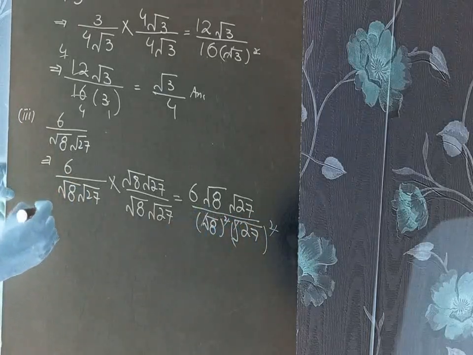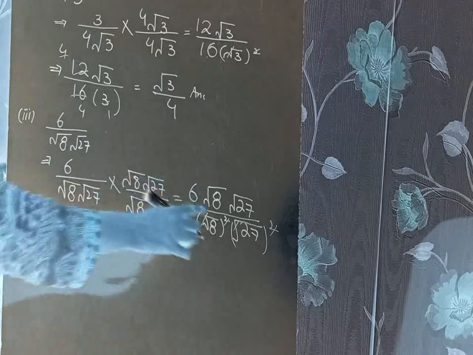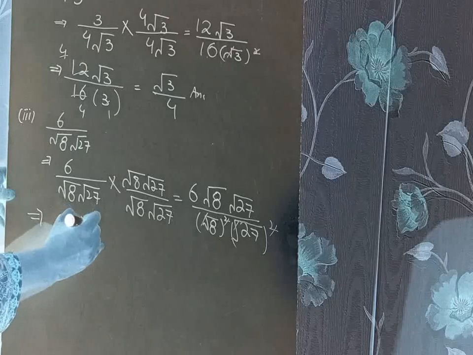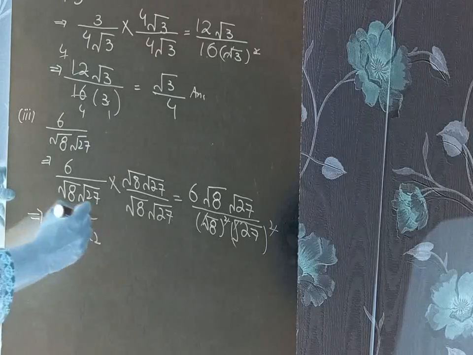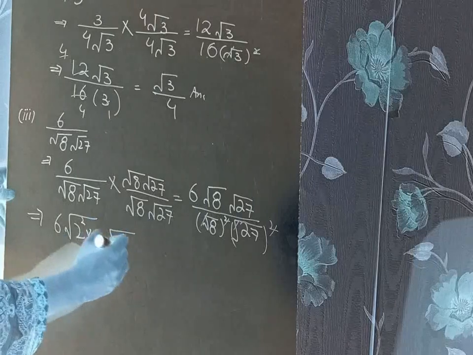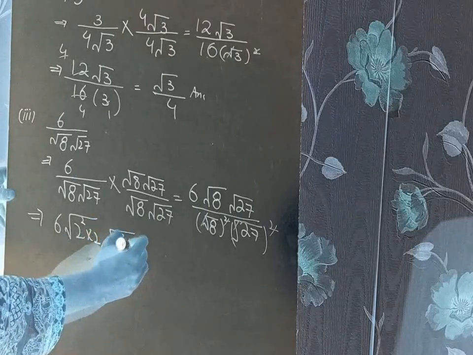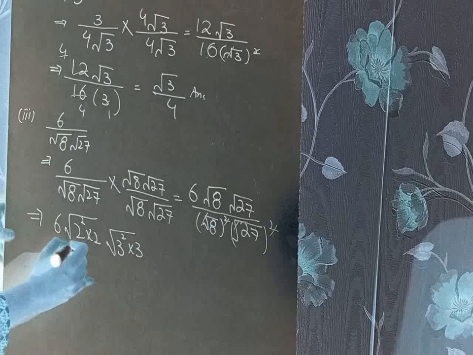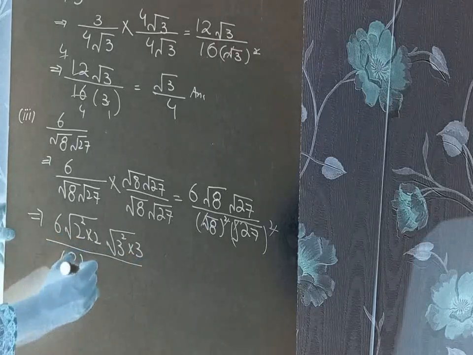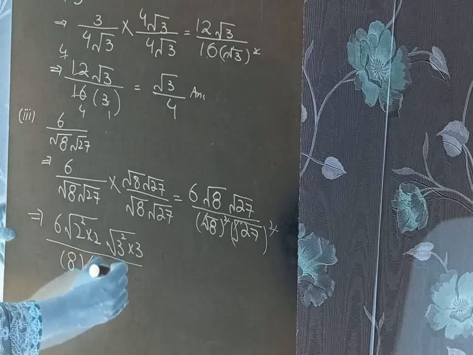You can see what is left over here, 6. I will make the factors of this: 2 squared and 2. Then I will make the factors of 27, that is 3 squared and 3, divided by 8 and 27.